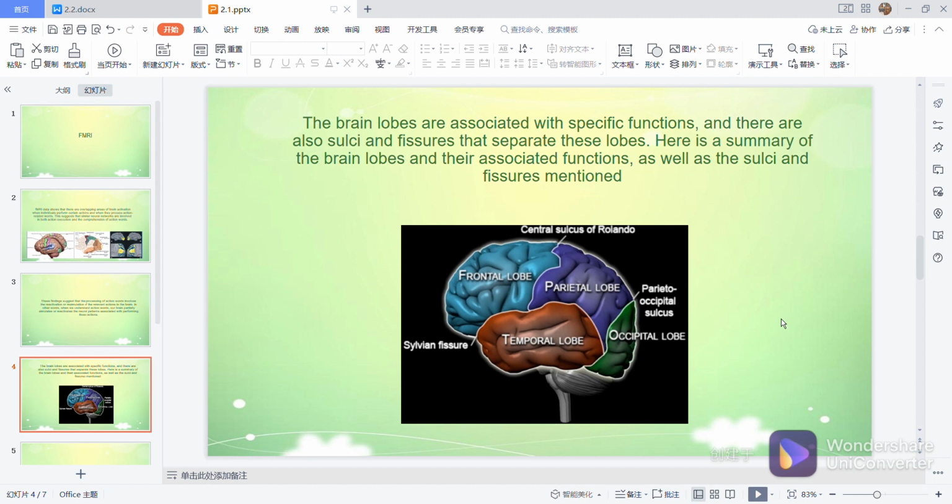The brain lobes are associated with specific functions, and there are also sulci and fissures that separate these lobes. And here is a summary of the brain lobes and their associated functions as well.